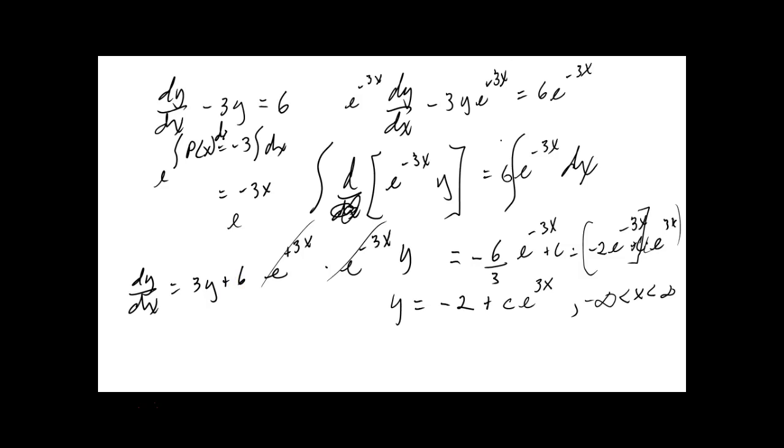Is that right? I just added 3y to both sides. Okay? Or, let me actually write it this way, 3 times y plus 2. Is that okay too? Okay. So let's write it that way. Yeah, that is better.